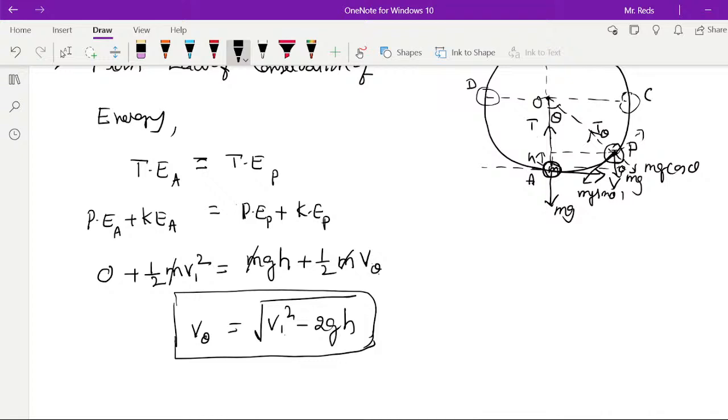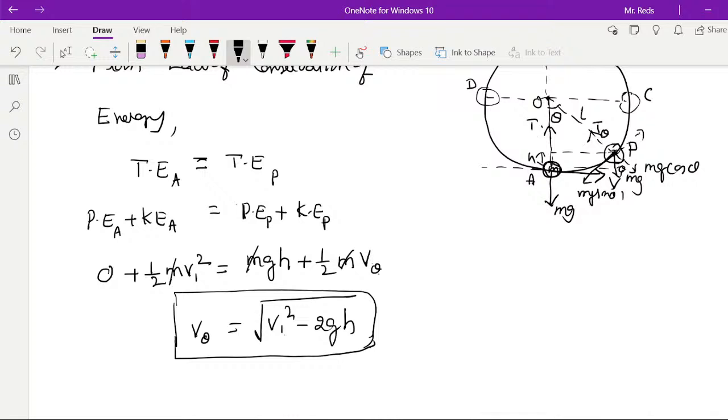Specifically, if this string has length L, and this L acts as the radius of the circle, the string makes an angle theta. If you resolve, we get L cos theta here and L sin theta here.